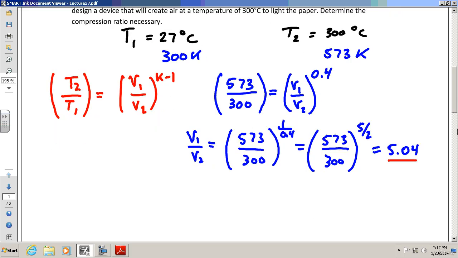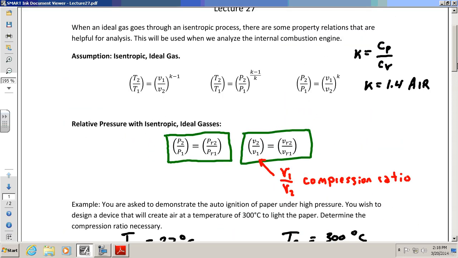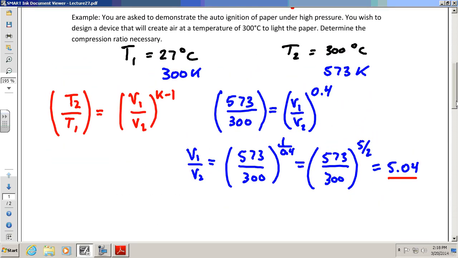All right. Now, there's another way to do this. What we did was we assumed isentropic ideal gas and used the relationship at the top. We could also use the tables and use either reduced pressures or reduced specific volumes.